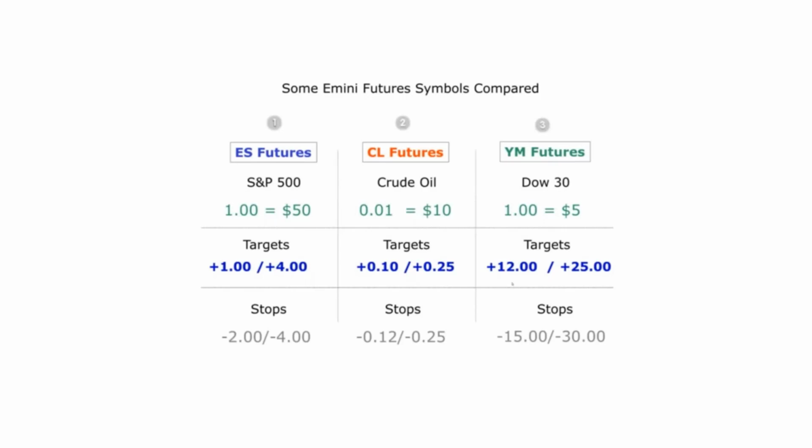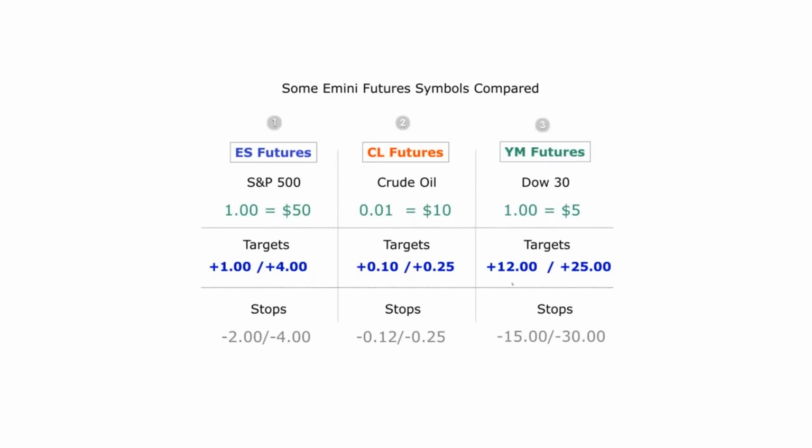But let's take a look at crude oil, the CL futures. That trades in pennies, and that is $10 a penny. So that takes a lot of experience and firepower to trade that contract. It's not for the faint of heart, basically.